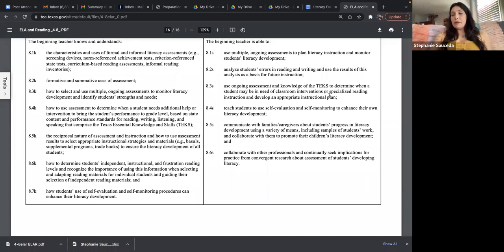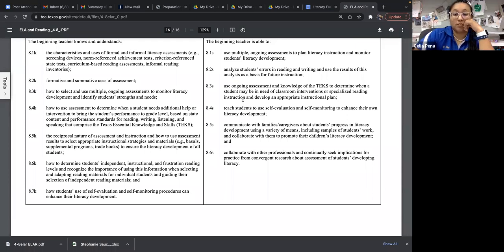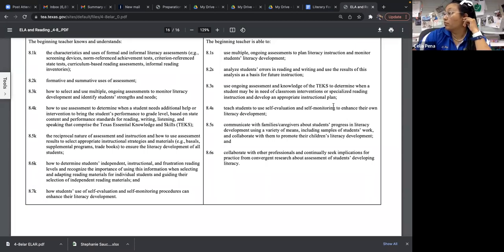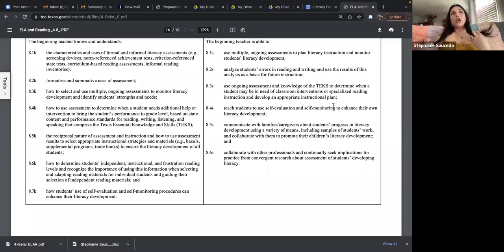Using ongoing assessment and knowledge of TEKS to determine when students may be in need of classroom intervention, specialized reading instruction, and development of an appropriate instructional plan. So this is really important. Let's say that you're a 7th grade ELAR teacher and you notice that a student is having a lot of trouble with comprehension, reading things by themselves on grade level. And so we need to find ways and do sort of like an inventory.